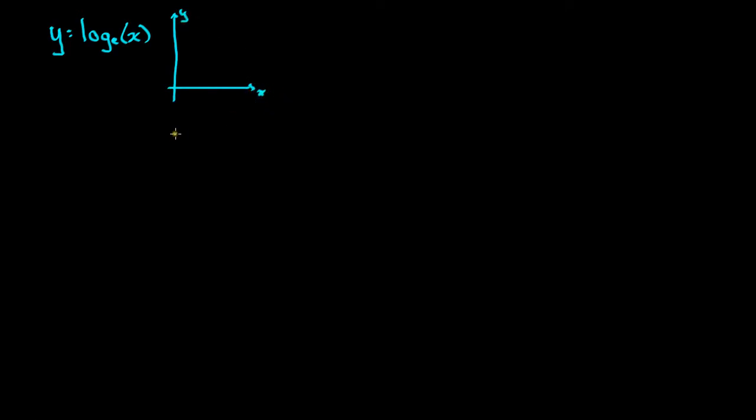It has an asymptote at x equals 0, which I'll draw in as a dotted line. The graph looks something like this, much like an exponential reflected in the line y equals x. It crosses the x-axis at the point (1, 0).